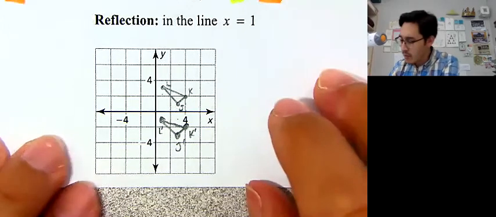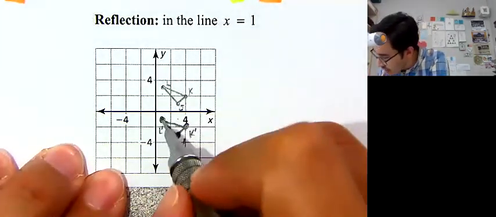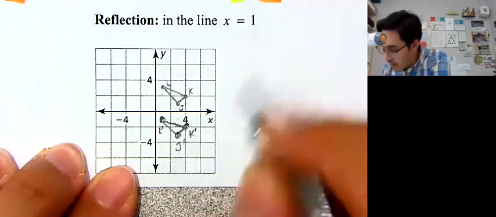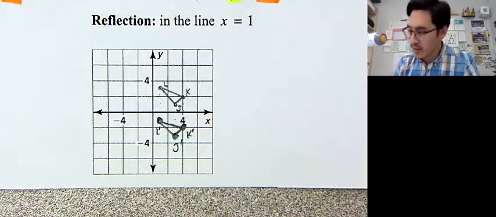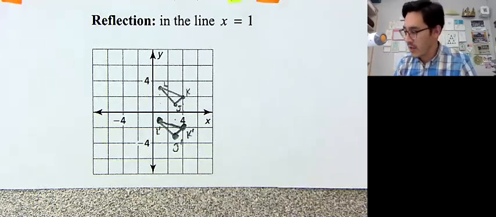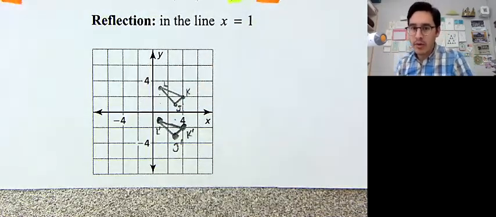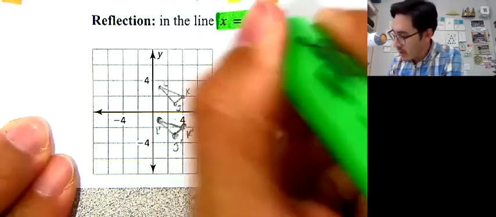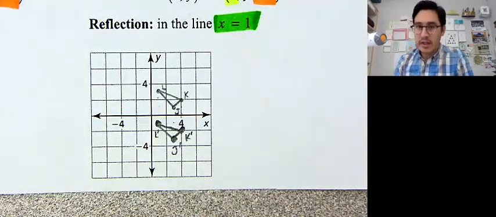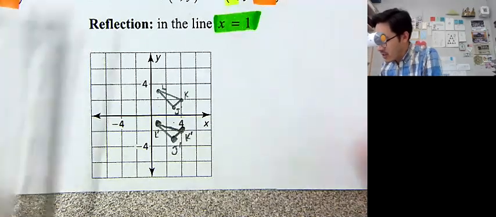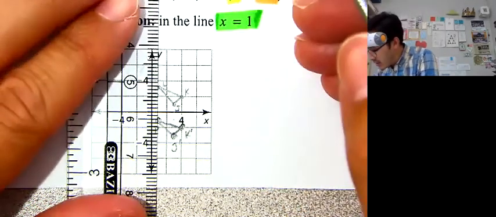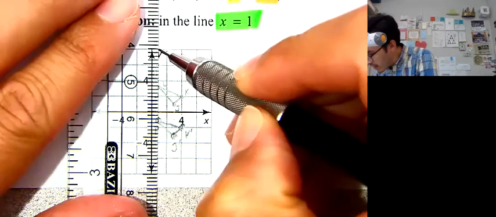I'm going to put a lot of lead on those points so that when I do the reflection, I get a nice transfer. Now we're going to do the reflection. We're going to reflect it across the line x equals 1, which is this line right here.